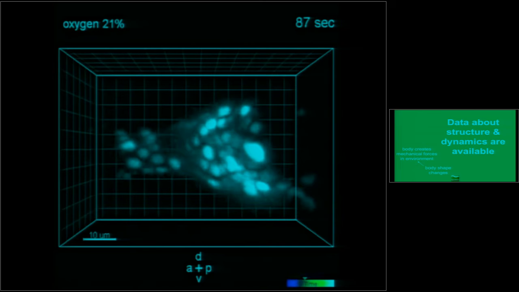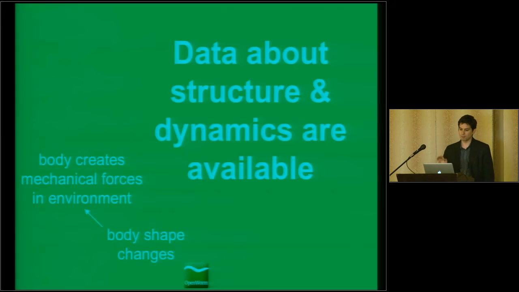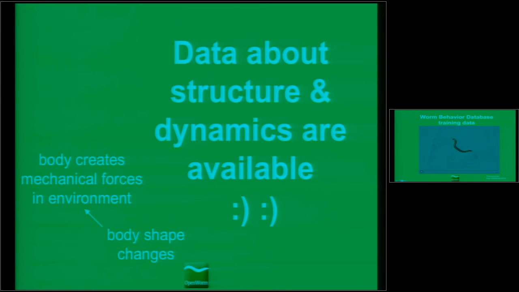Now, when it comes to this part of the cycle about body shape changes, we actually have a very good resource, and that makes us really, really happy. So both structure in terms of how muscles make the body move, but we also have dynamics. And that brings me to this example, which is work by Yemini et al. This was published in Nature Methods also last year, in 2013.